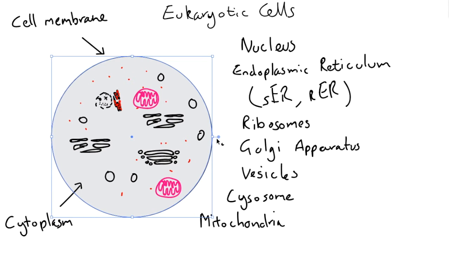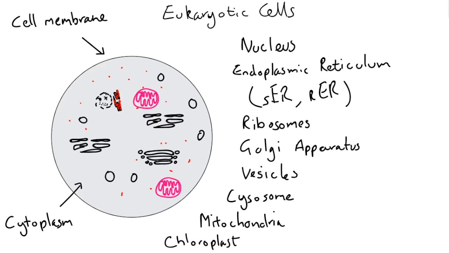The other standard organelle we see within eukaryotic cells as a whole, okay, but not in an animal cell, you would see in a plant cell, is the chloroplast. And the chloroplast isn't much different in the structure to the mitochondria.